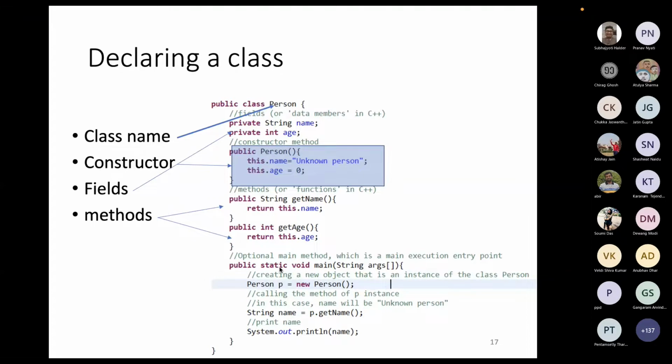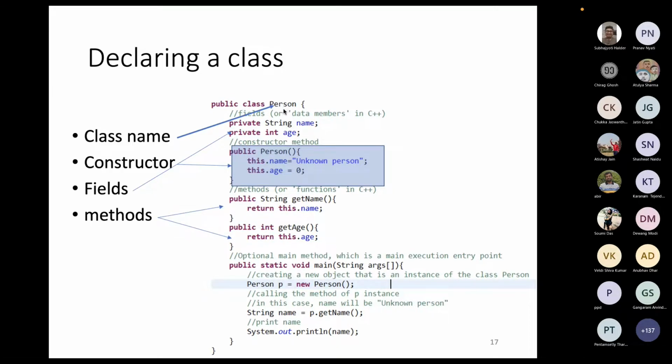Okay, so let us take this particular example. This is an example where you are defining a class. Remember, we have already discussed that a class is a user defined data type.